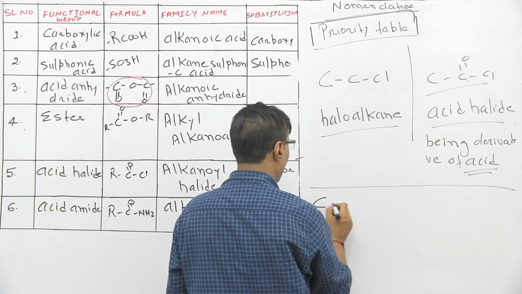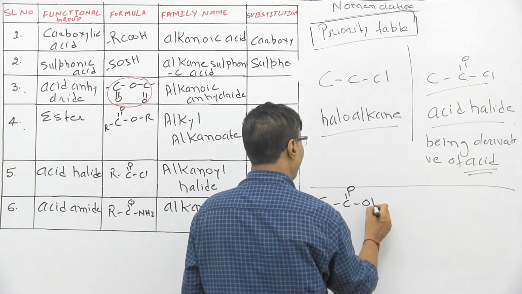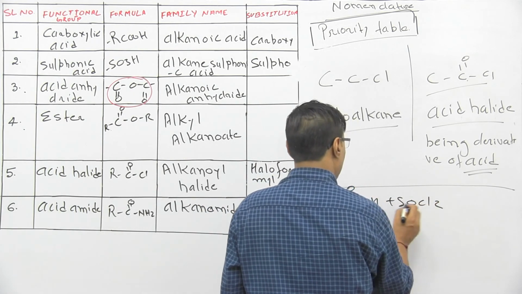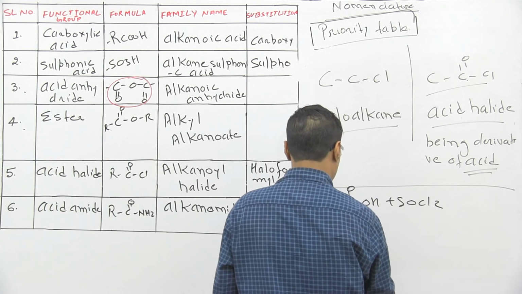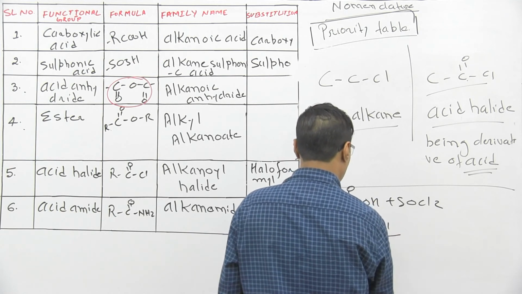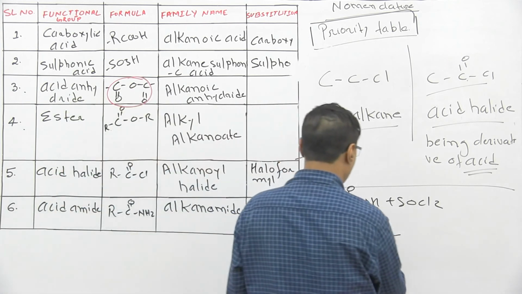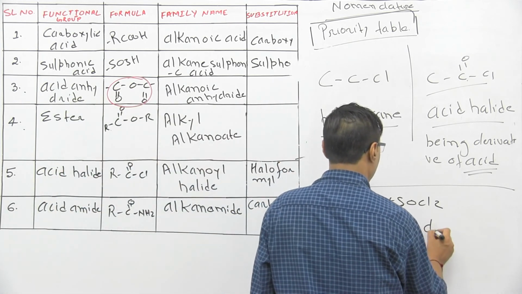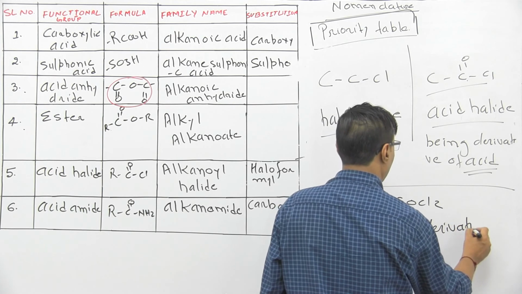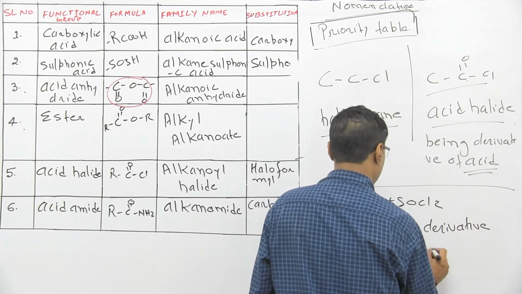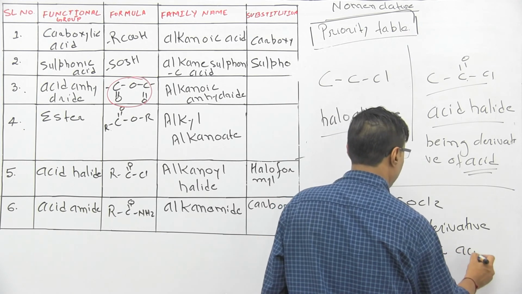Basically, it's a derivative of ethanoic acid, and it can be written like SOCl2. So when we take this SOCl2, this compound becomes Cl. It means it's a derivative of which acid? It's a derivative of ethanoic acid.